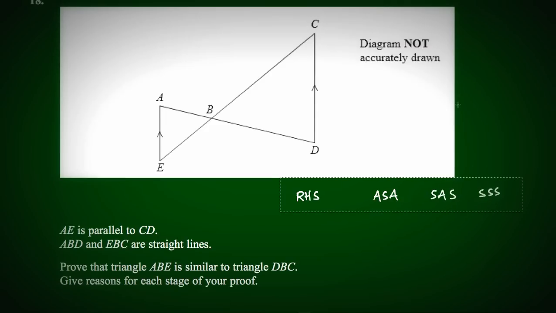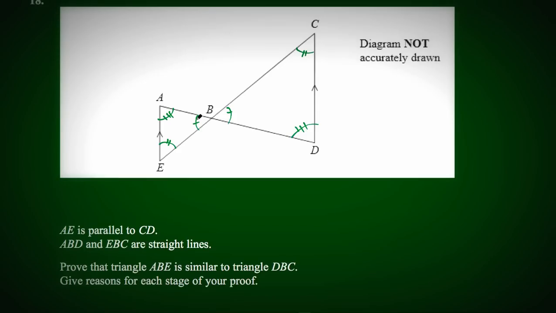However, we're not trying to prove that they're congruent, they're clearly not congruent, so that was a silly mistake to make. To prove that they're similar, I need to prove that all of the angles are the same, because that's what's true about similar triangles. So I need to prove that those angles are the same, and that these angles are also the same, and that these angles are also the same.